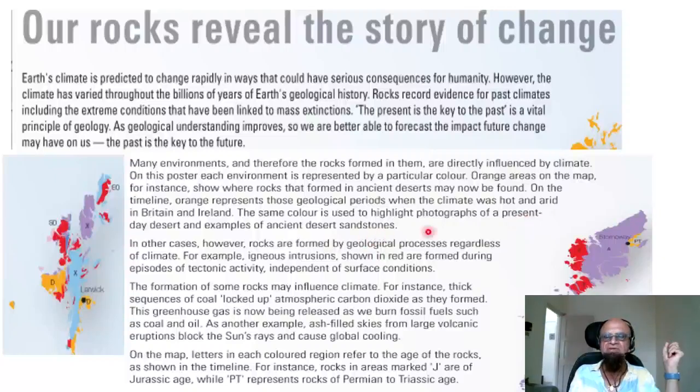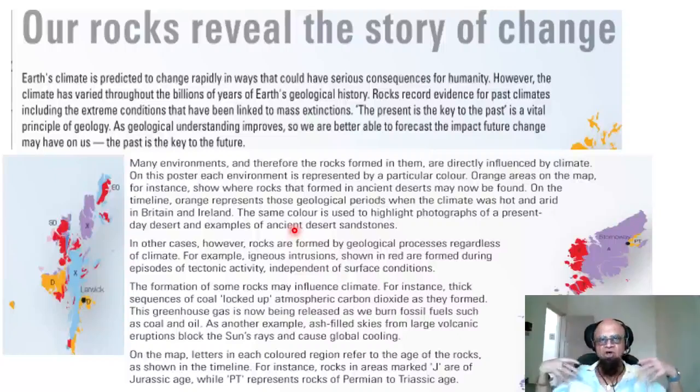The same color is used to highlight photographs of a present-day desert and examples of ancient desert sandstones. Sand gets compressed and metamorphosed under pressure and temperature and becomes a sandstone. Similarly, calcium carbonate rocks are formed in the Dover cliffs and so on and so forth.